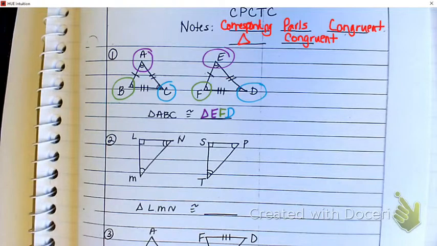So here's what we know. L goes with S, so we put S first. M goes with the one that has one curve, which is P. And N has two little curves, so N must go with T. So SPT.